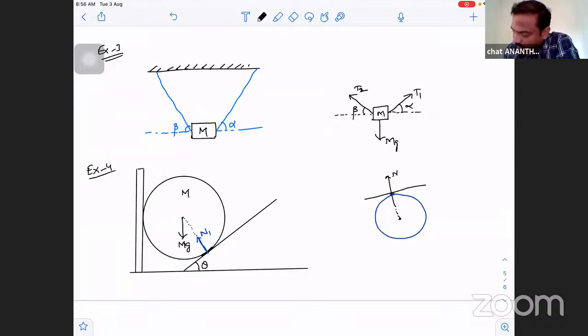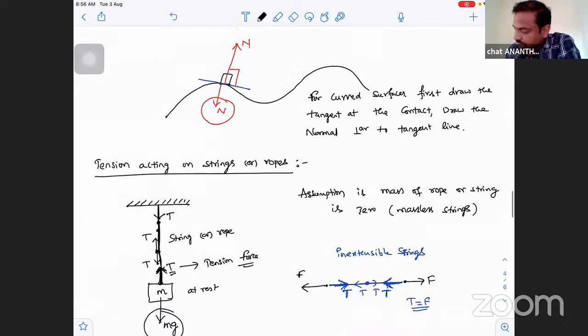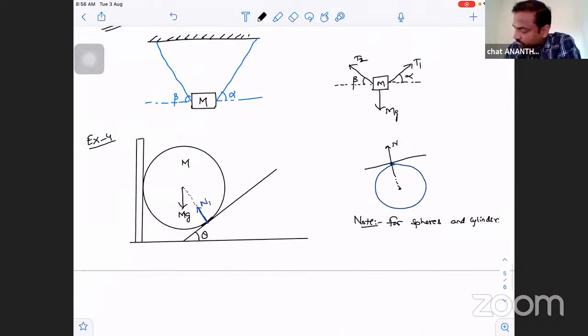For spheres, if you want, you can make a note. For spheres and cylinders, not only spheres, for cylinders also, normal reaction should pass through center.